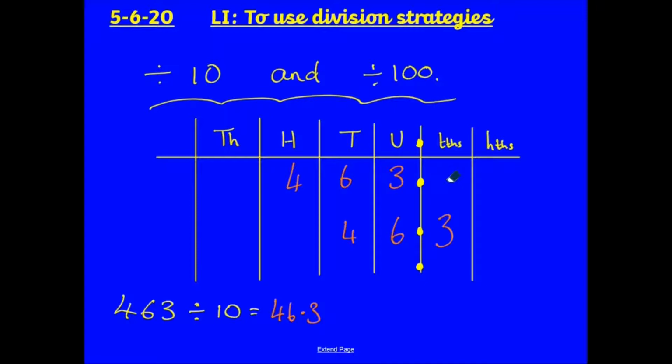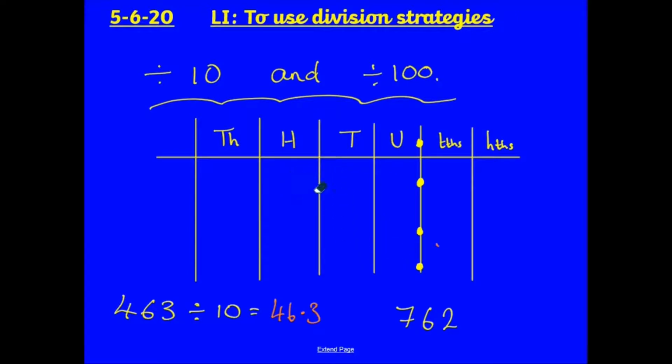Let's have a look at another one there. Let's divide this one by 100. So I have got 762, and I'm going to divide that by 100. Okay, so 762, let me just get rid of this here for you.